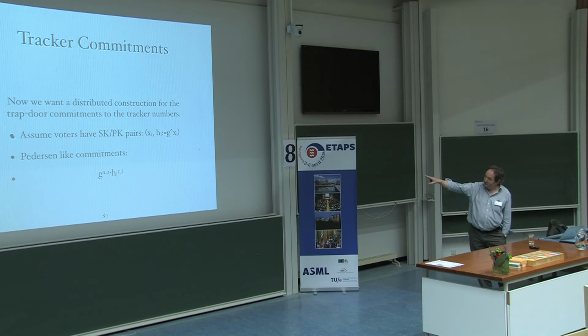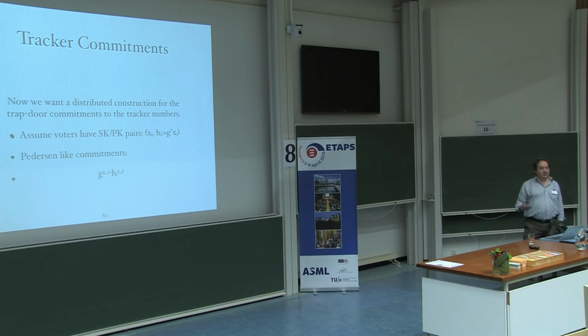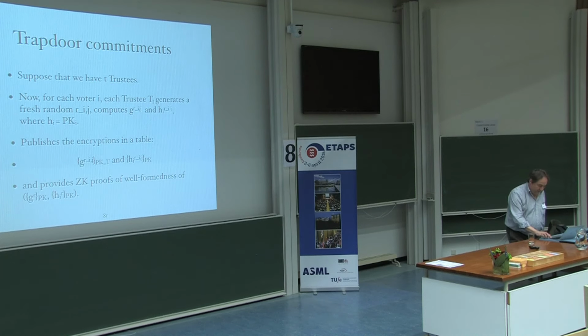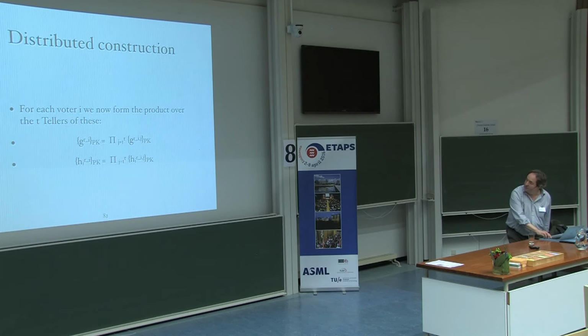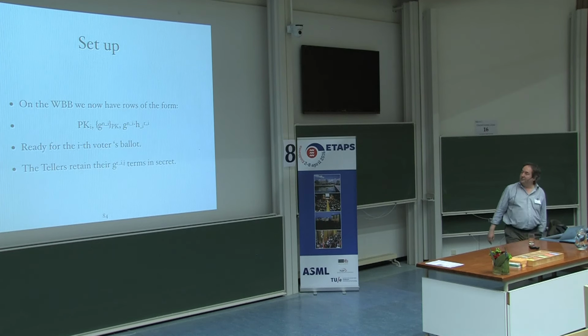So there's a random r_i generated in a distributed way for each voter, and so these terms are now created and posted to the web bulletin board. But I'll skip the distributed construction; I can give you pointers to the paper that describes this in more detail.